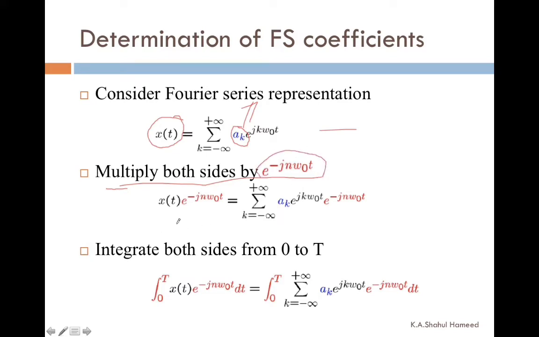When I multiply, I will get this equation, that is x of t into e power minus j n omega naught t equal to summation of this quantity and this quantity. Now I am going to integrate both sides from 0 to T. So just integrate this equation over 0 to T, I will get this.